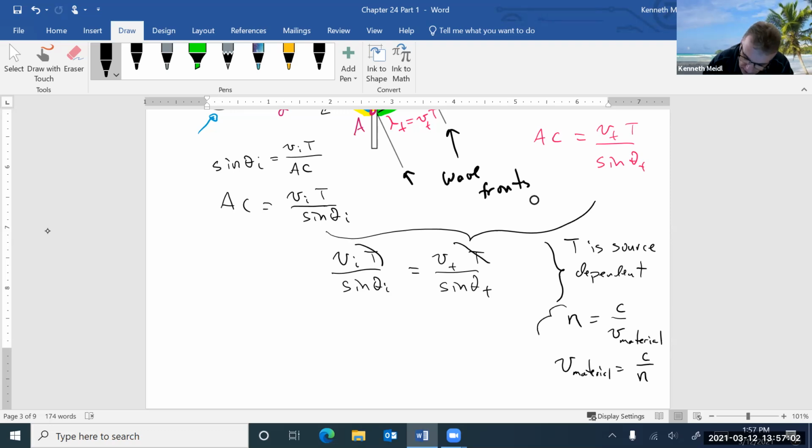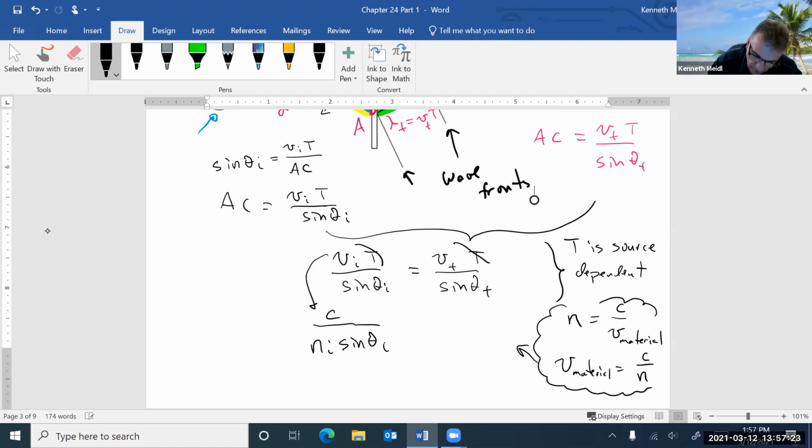And so I'm going to use this right here to make a substitution up here. So I'm going to take that velocity out, and in its place, I'm going to put c all over the index of refraction in that material, the incident material, and there's still this sine here. And over here, I'm going to take out that velocity, and that's going to be equal to c divided by the index of the transmitted material, and then there's still this sine here.